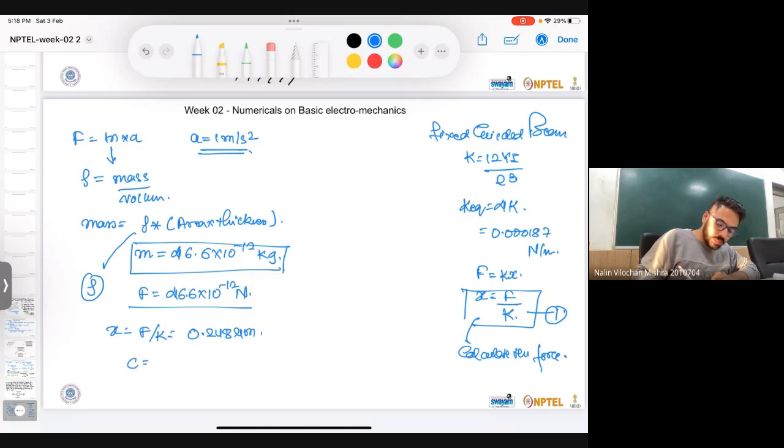Here we can calculate capacitance, epsilon A by d, which is coming out to be 88.5 into 10 power minus 15 farad, and epsilon A by d minus the change, so basically this deflection value x.